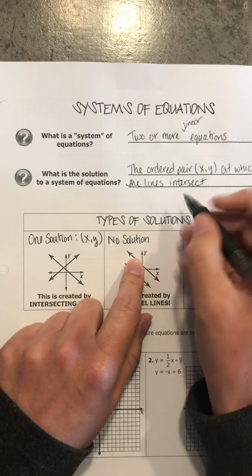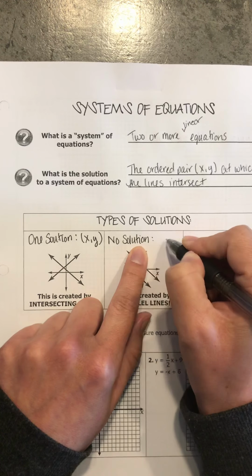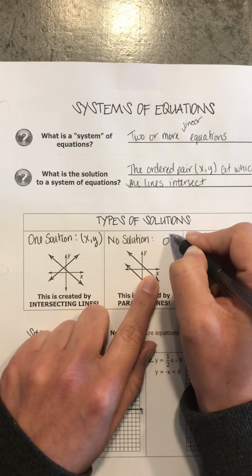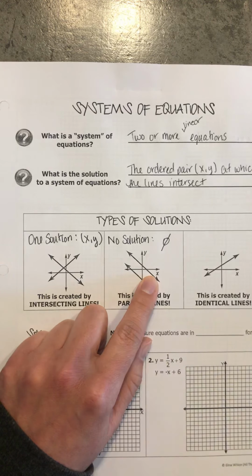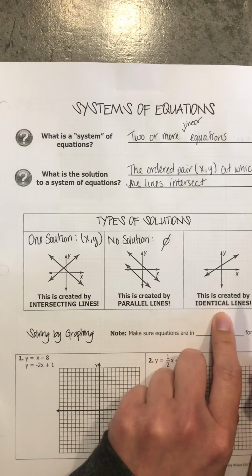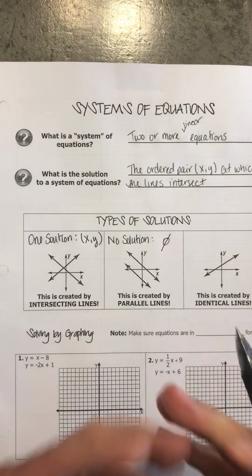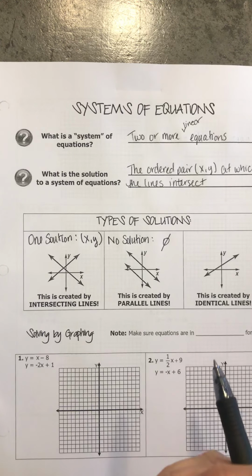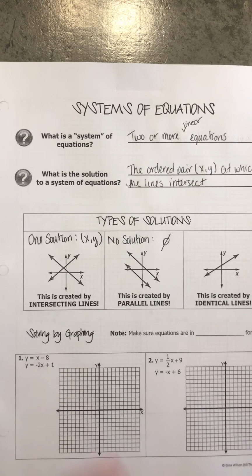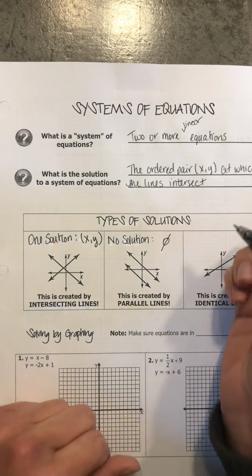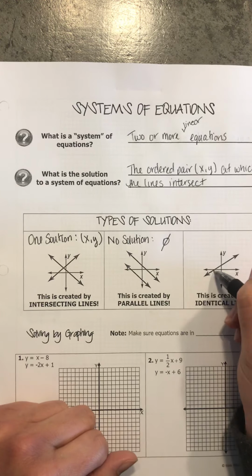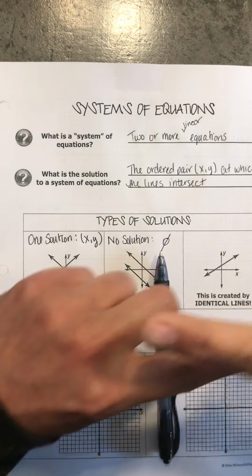All right, so no solution. We can use that symbol with the circle and the line all the way through. Now here we have identical lines. They end up being the same thing. When you start simplifying, everything goes down to the same slope and the same y-intercept. This has every point on this line because it's like they're stacked.